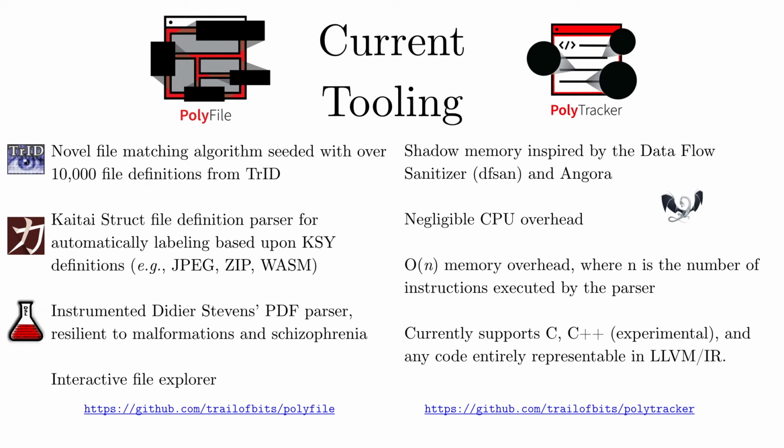And the output file format is actually a slightly modified version of Ange Albertini's SBUD format. PolyFile also has support for Kaitai Struct file definitions. You can draw from the library of Kaitai Struct grammars and be able to hierarchically, semantically label any of those file formats also. Plus, we have a hand-instrumented version of a very permissive forensic PDF parser.